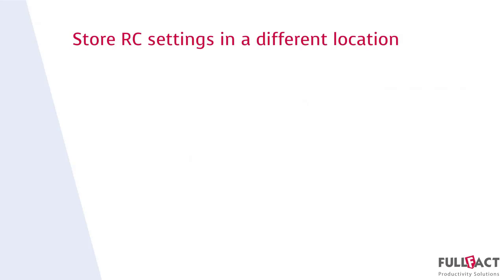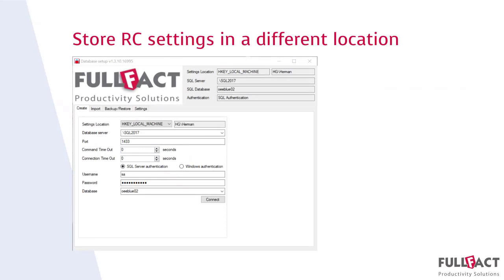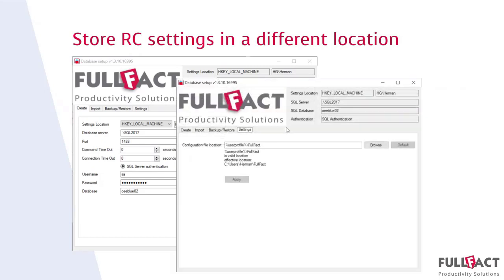What you can do is have the location edited where the settings of the remote collect PC are stored. There is a tab called settings. If you select that tab, you have the opportunity to enter the configuration file location.